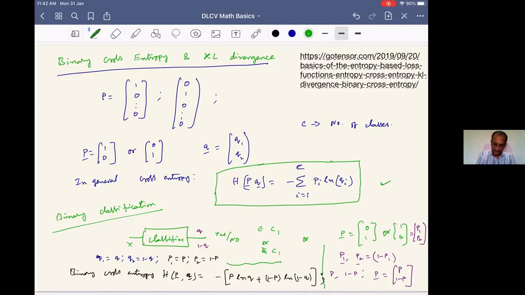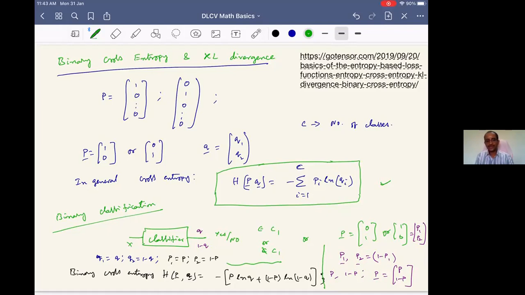So now, even if we have many dimensions, what happens to this cross entropy? When we simplify this, what do you think will happen? If I start substituting p equal to 1, 0 or 0, 1, one of the terms will become simply 0.